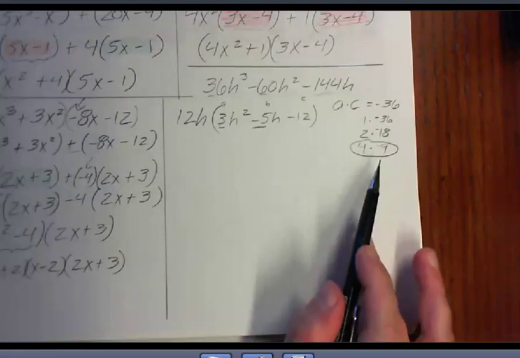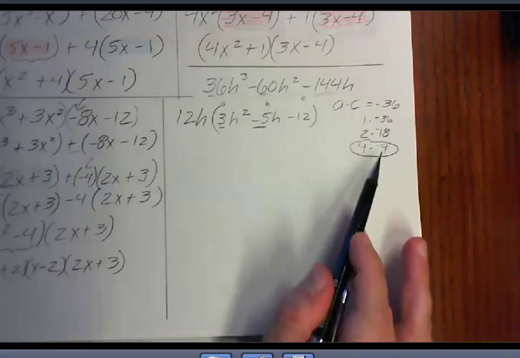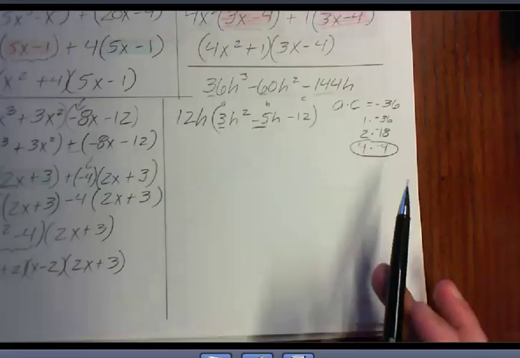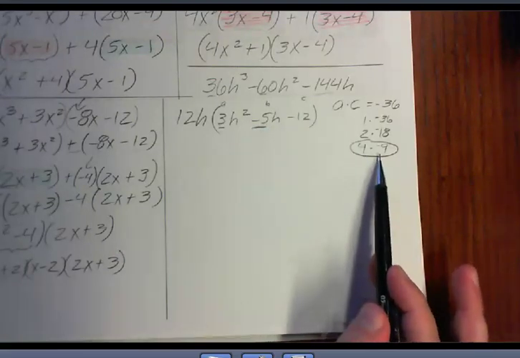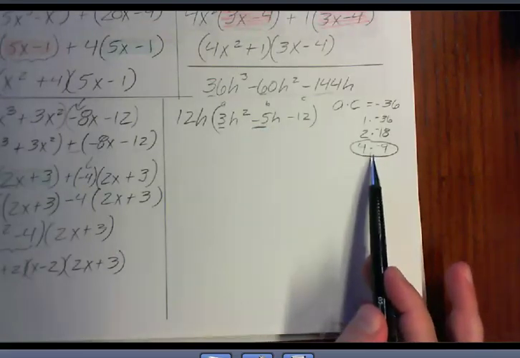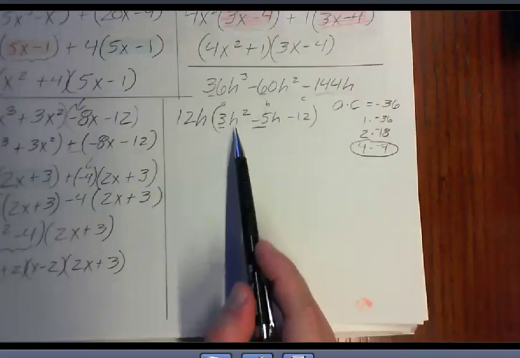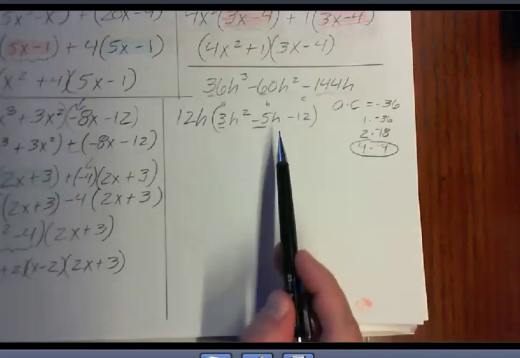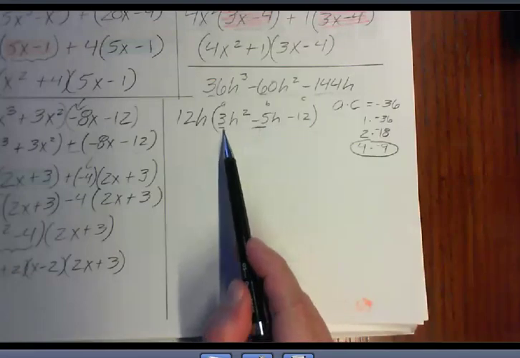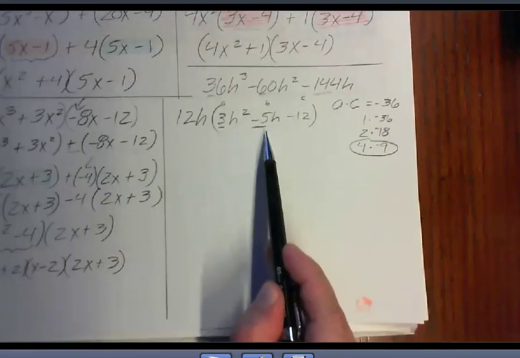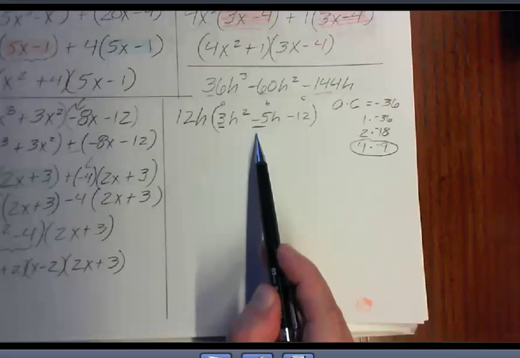So from this point, we're just going to go ahead and change this negative 5h to an equivalent form, which would be 4h minus 9h. Now, I am going to pull factors out of each group when I split it into 4 terms. So if you think about it, if you write 3h squared plus 4h, well, your only GCF there would be h.